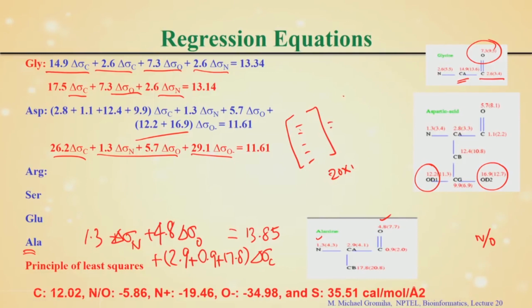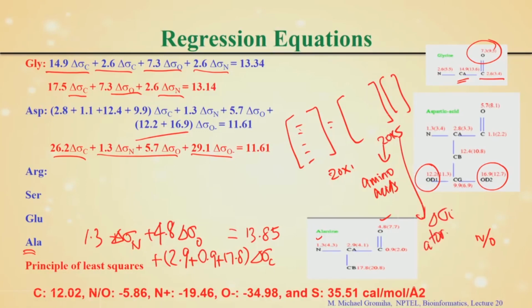Then this you can write in terms of a matrix. What is this dimension? 20 into 5, because these are 20 amino acids and 5 atomic solvation parameters, delta sigma I.